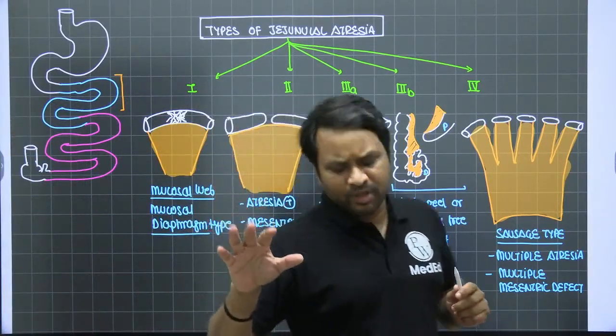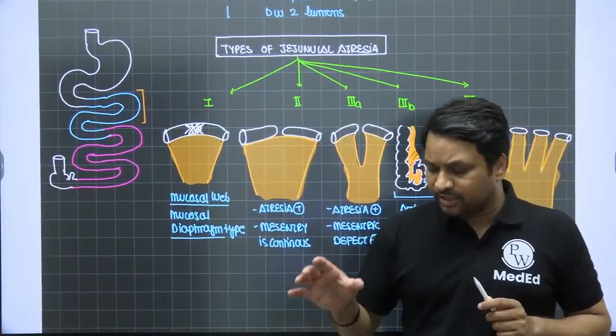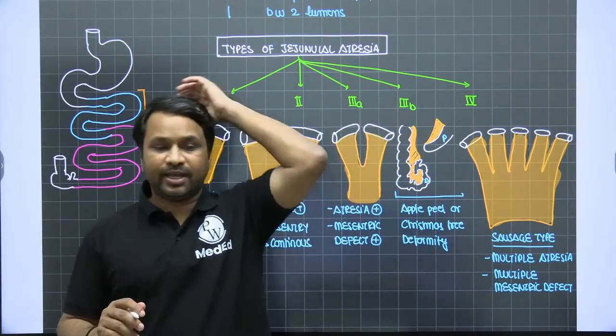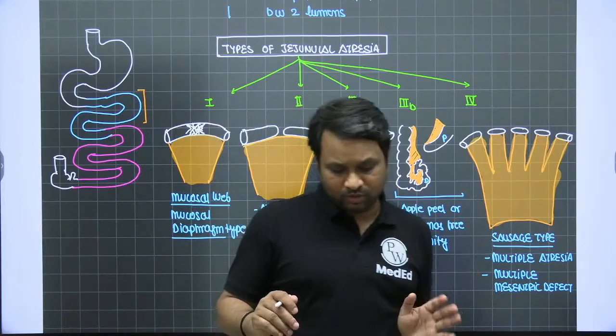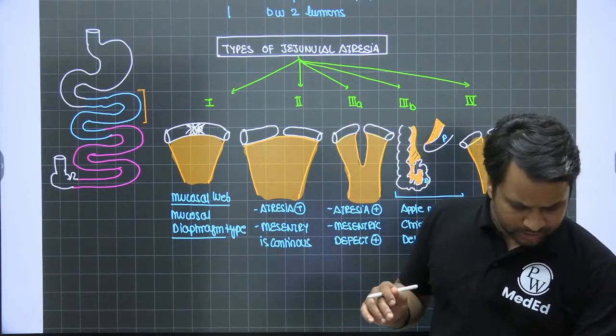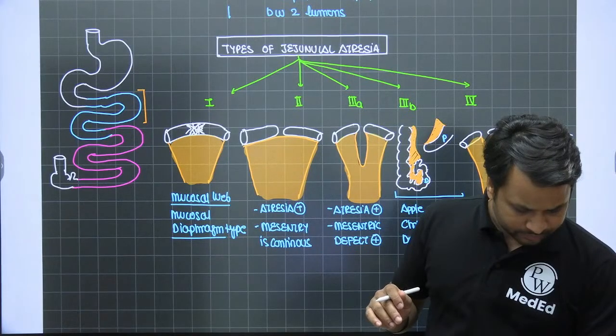So mota mota, when you look at jejunal atresia, there are the different varieties: the type 1 variety, the type 2 variety, the type 3A, type 3B, and the type 4 variety, right? So these are the entire components of your jejunal atresia, right?